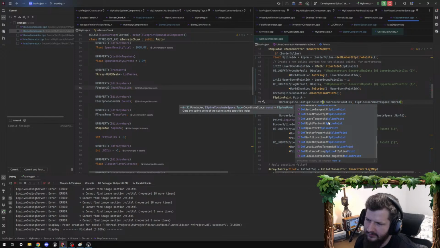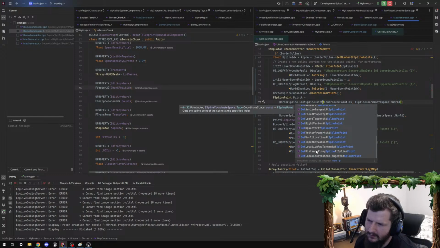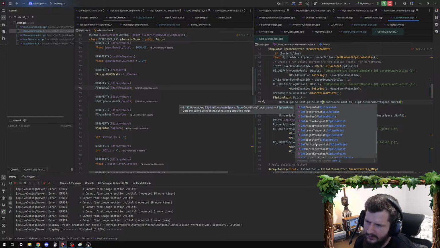Is there something I don't understand about splines? Get input key. I need like get spline point.